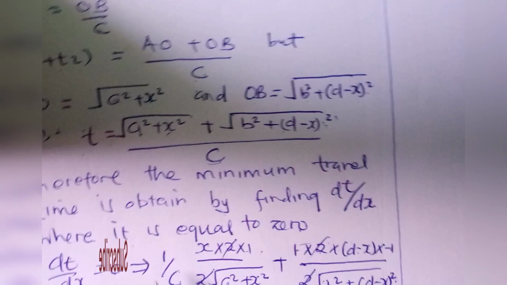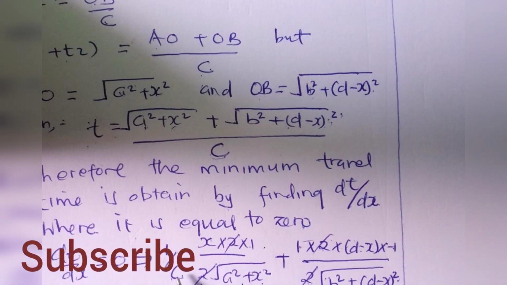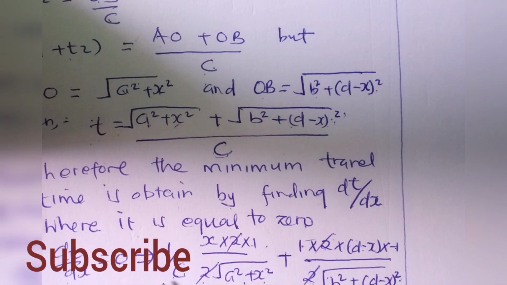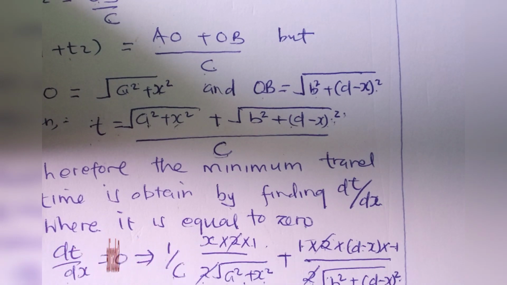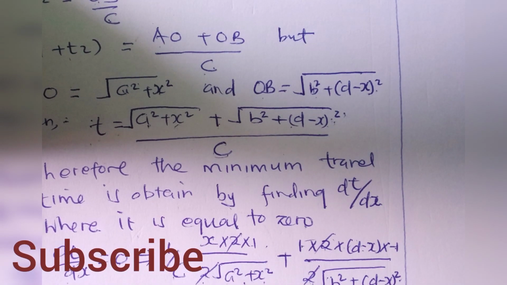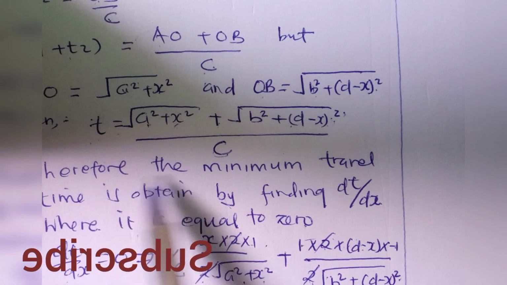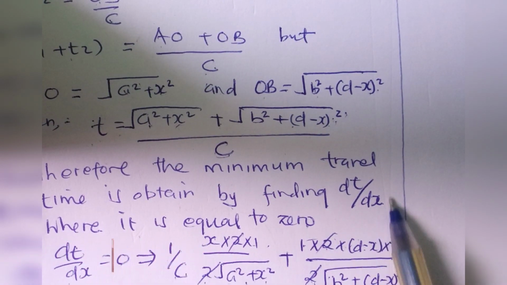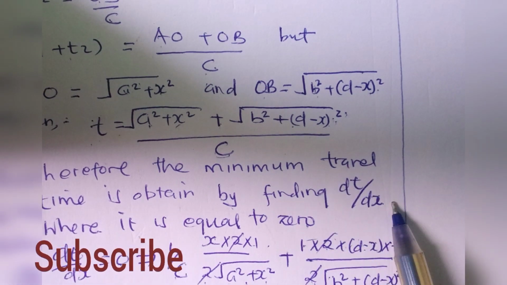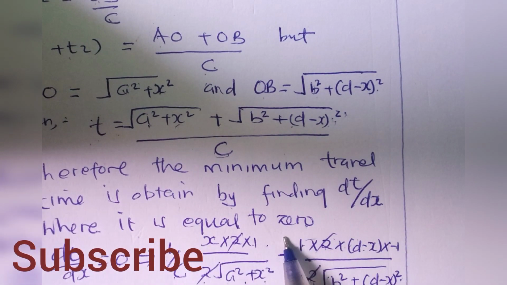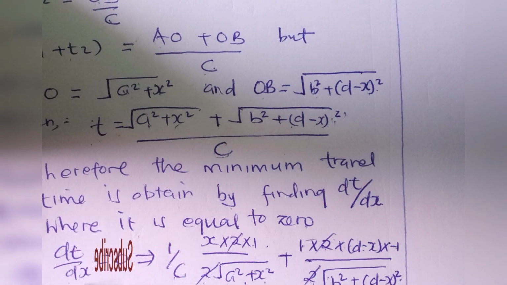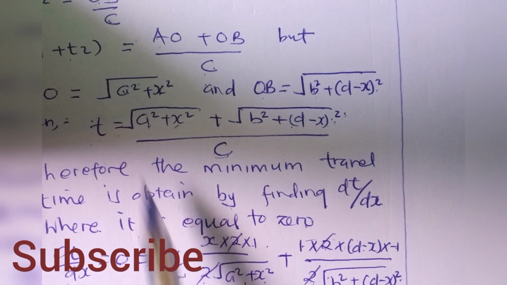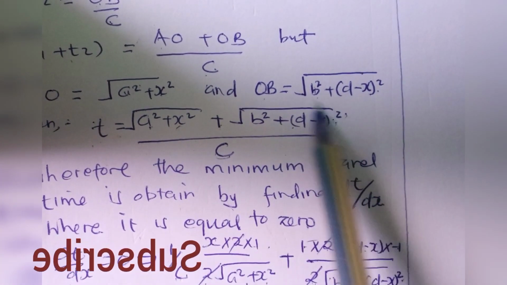Therefore, to find the minimum time, since Fermat's principle, or the principle of least time, says that light chooses the path that takes the shortest time, the minimum travel time is obtained by finding dt over dx. This simply means differentiating, where it is equal to 0. So dt over dx equals 0 is equal to 1 over c, and we are now differentiating this equation.